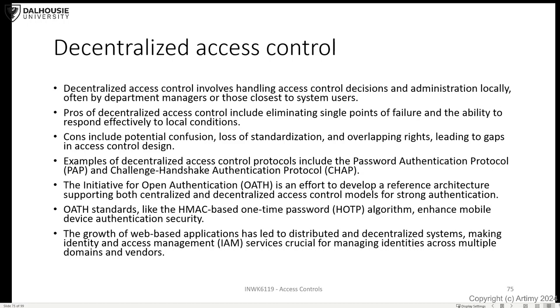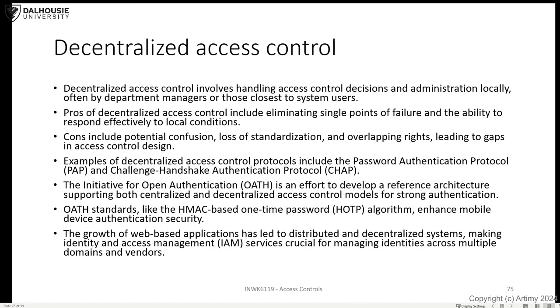So the one-time password, HMAC-based one-time password, or HOTP algorithm, is something similar, not necessarily the same, to the tokens that we saw earlier.